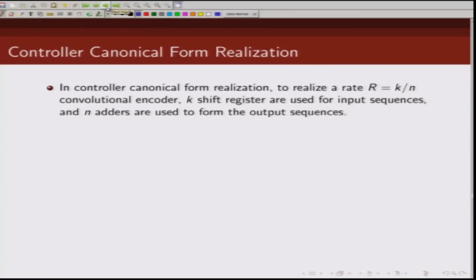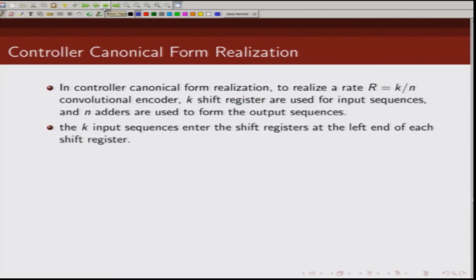In a controller canonical form realization, if you have a rate k by n convolutional encoder, we use k shift registers. So, the number of shift registers used is equal to the number of information sequences that you have, and the output is obtained by using n sets of adders, 1 for each output sequence.